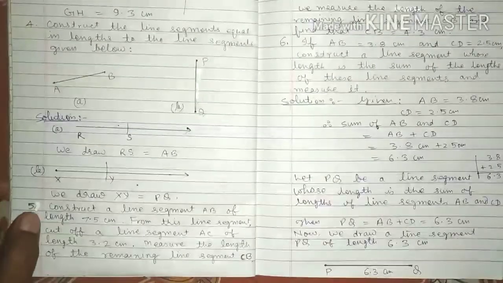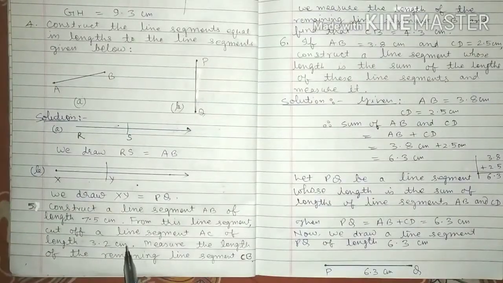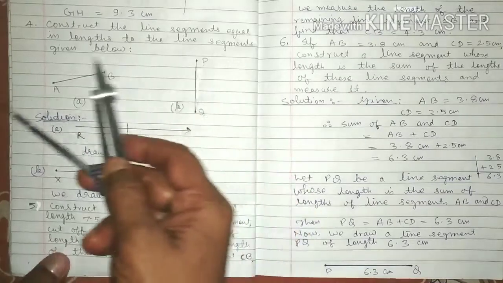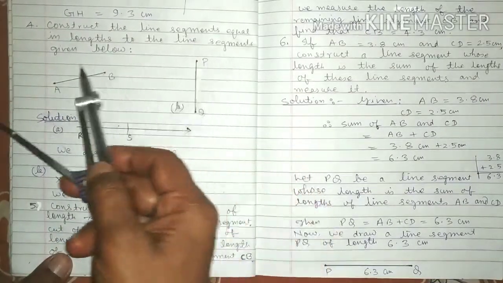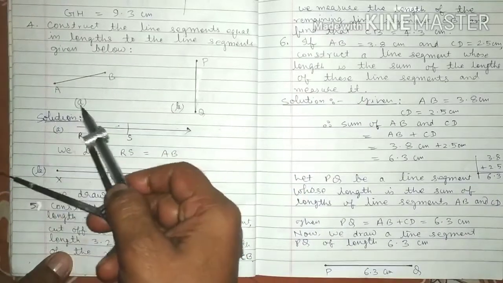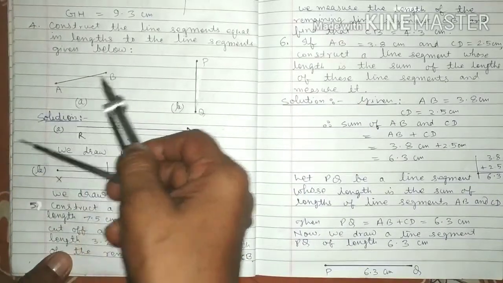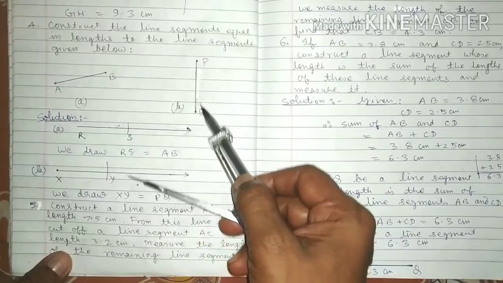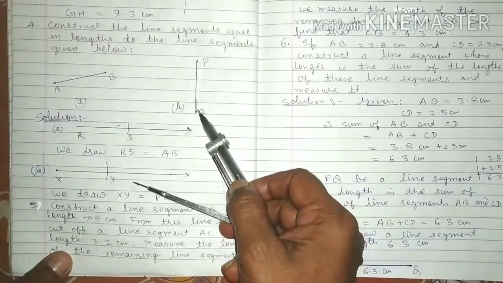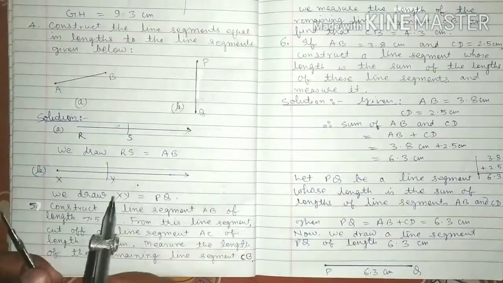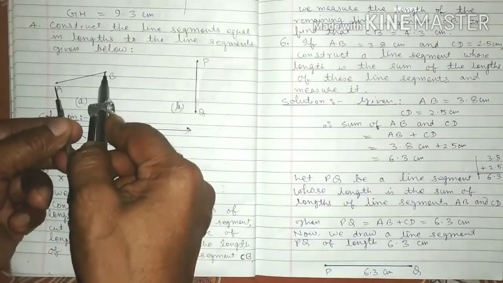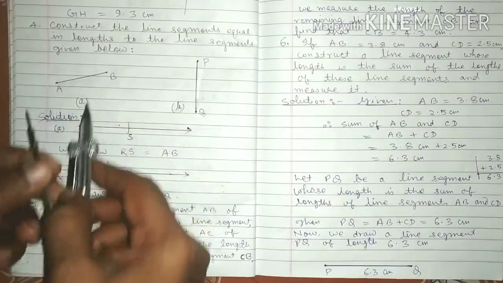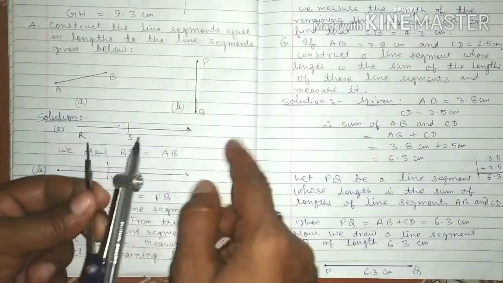Question number 4. Construct the line segment equal in length to the line segments given below. In question number A, line segment AB is given. In question number B, line segment PQ is given. We have to draw another line segment which is equal to AB. So we first measure AB and we draw a ray.